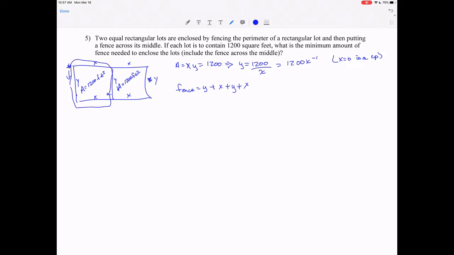Now I'm here. I'm not going to go back over the x again. Plus x plus y plus x. Okay? So that's 4x plus 3y.